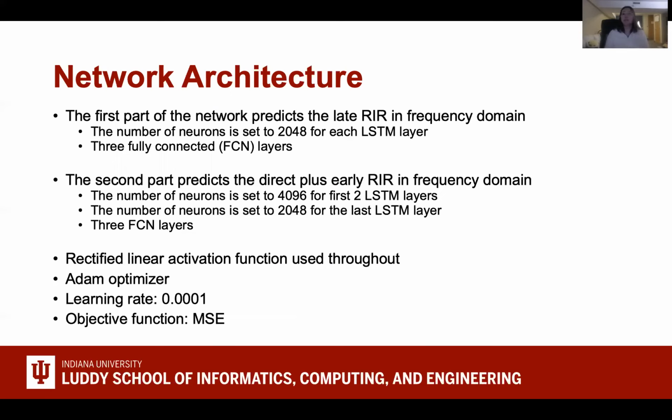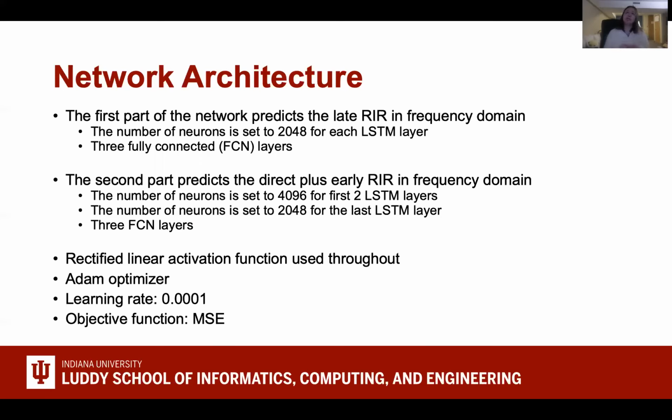And the second part predicts the direct plus early room impulse response in the frequency domain. We have the first 2 LSTM layers set the number of neurons to 4096. And the last LSTM layer, we set the number of neurons to 2048.